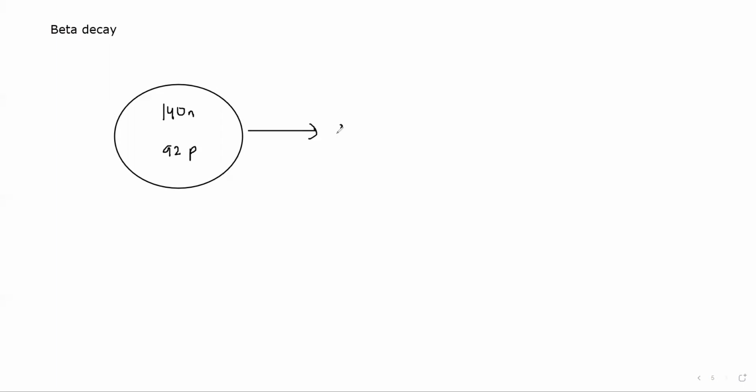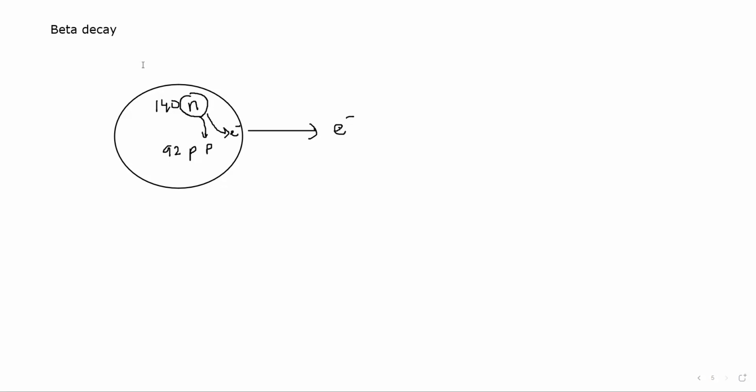Beta means electron. How is a beta emitted? Out of the 140 neutrons, one neutron breaks into a proton and an electron.